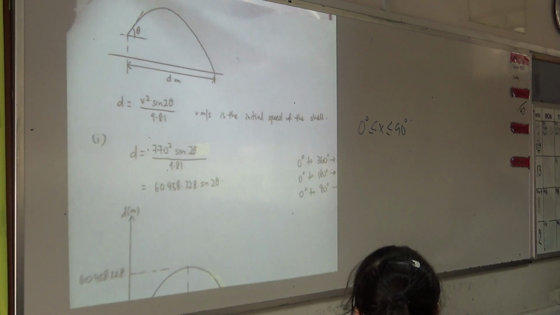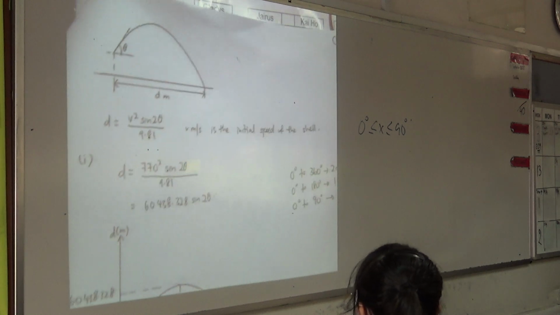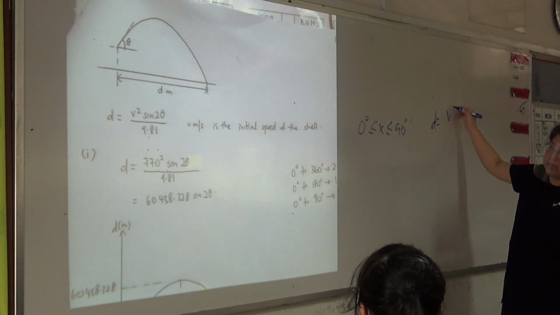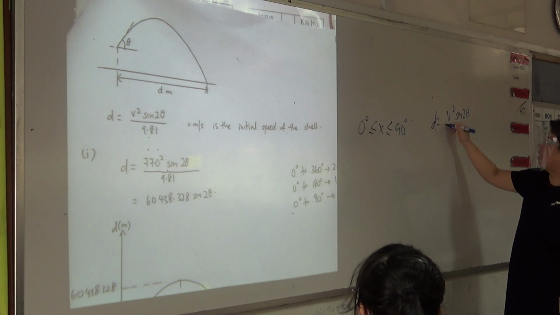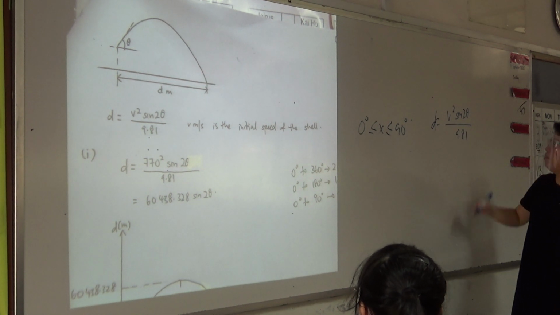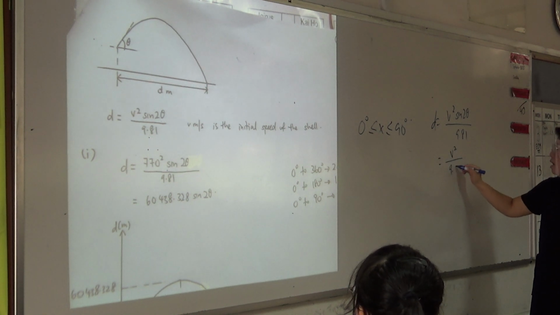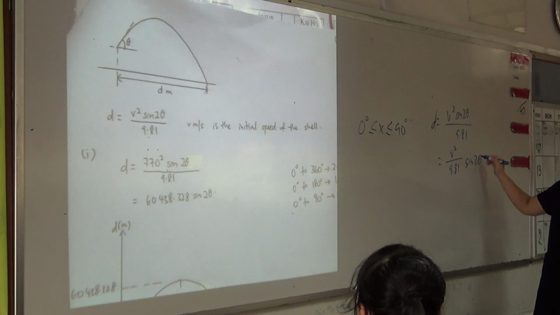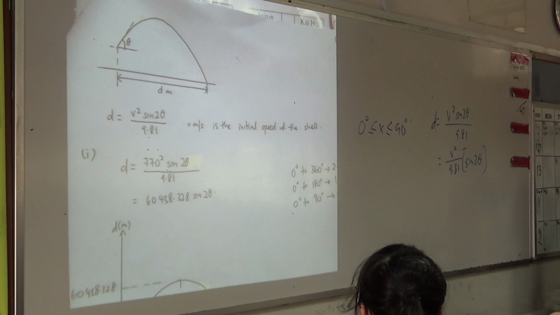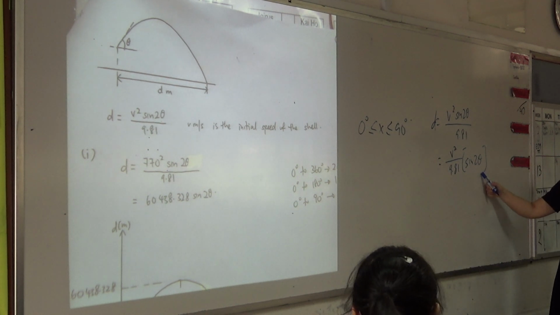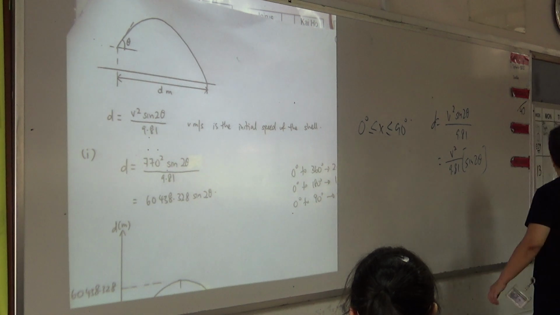Now, everybody look here. The equation is this. I'm going to write it down here. d equals v squared sine 2 theta over 9.81. That means I can write it as v squared over 9.81 times sine 2 theta. Agree? Correct? Yes or no? Now, if it is theta, I'm going to show you something.